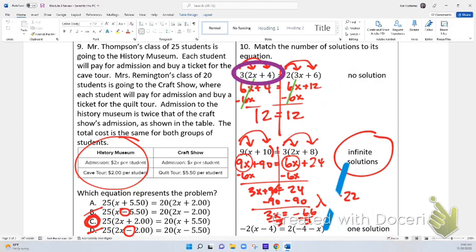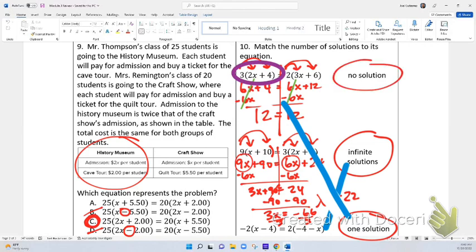Let me fix this. Thank you, first period, specifically Delilah, for helping. Okay, so the one solution should be the first equation. The no solution should be the, no. Okay, so 12 equals 12, so the infinite solution should go here.